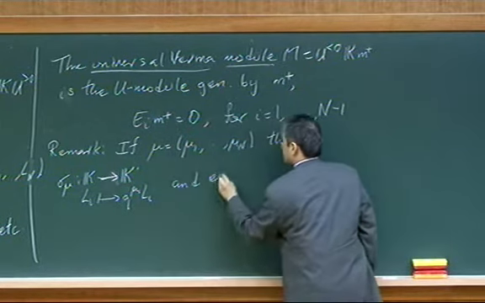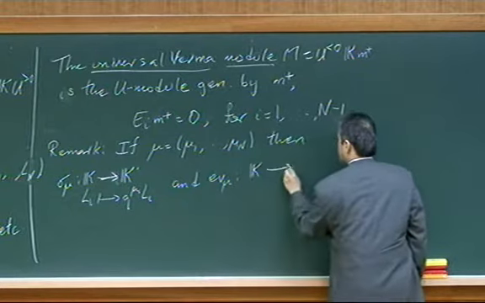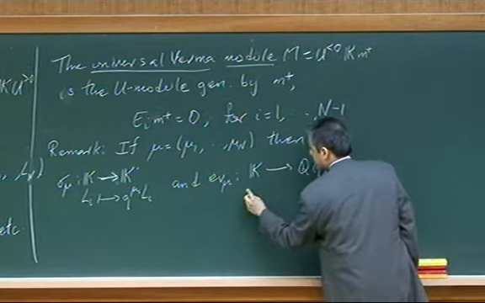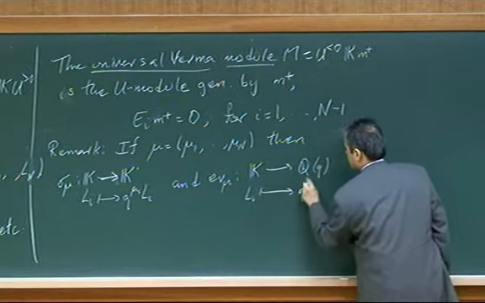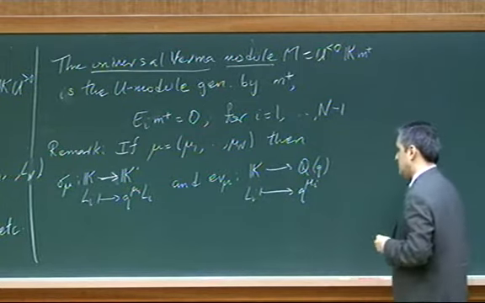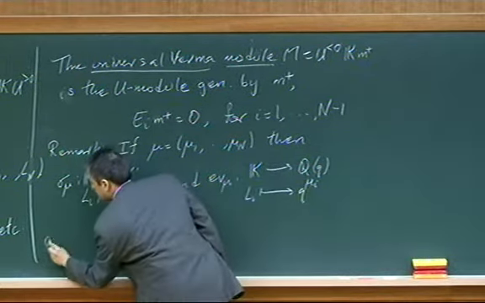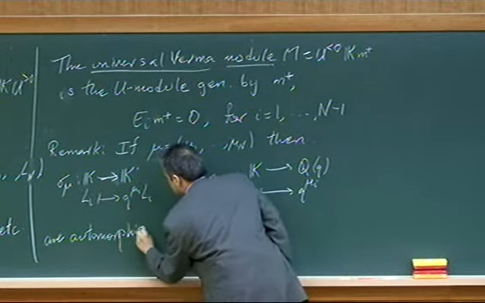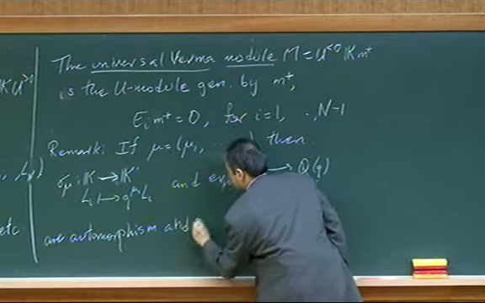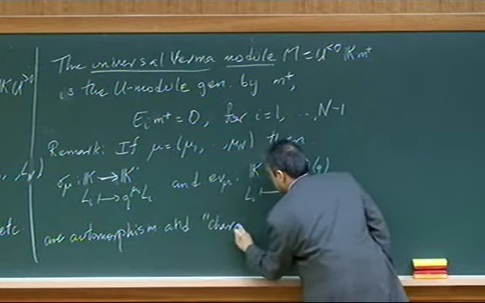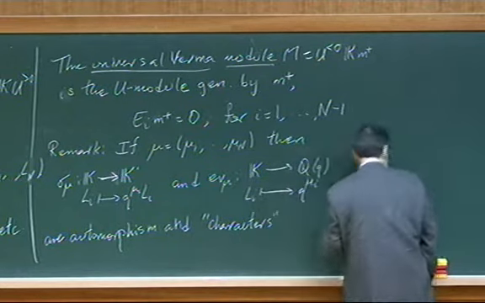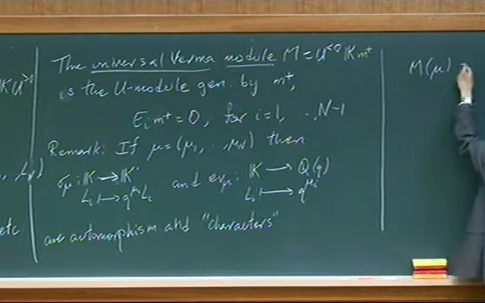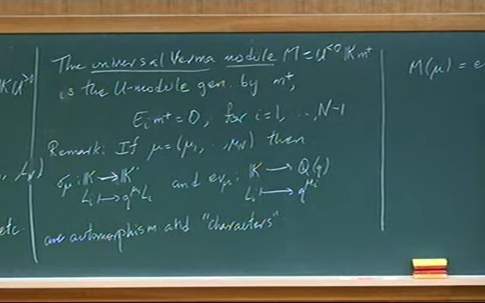And evaluation at mu is the map from K to your base field, which evaluates at q to the mu_i. So these are automorphisms, and characters or evaluation characters. And of course, when I think that way, then the Verma module is just the evaluation of this module M.